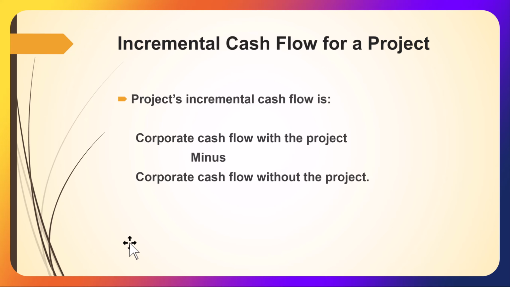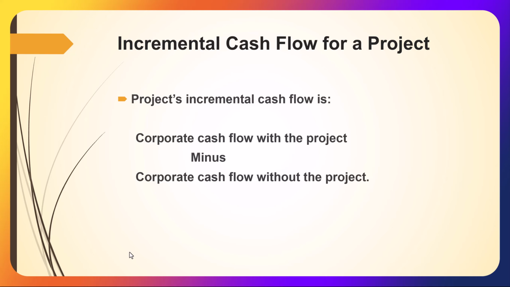So when we talk about this concept of incremental cash flow, that's the foundation of capital budgeting. It represents the additional cash flows generated by a project. So it's the cash flow with the project minus the cash flow without the project.